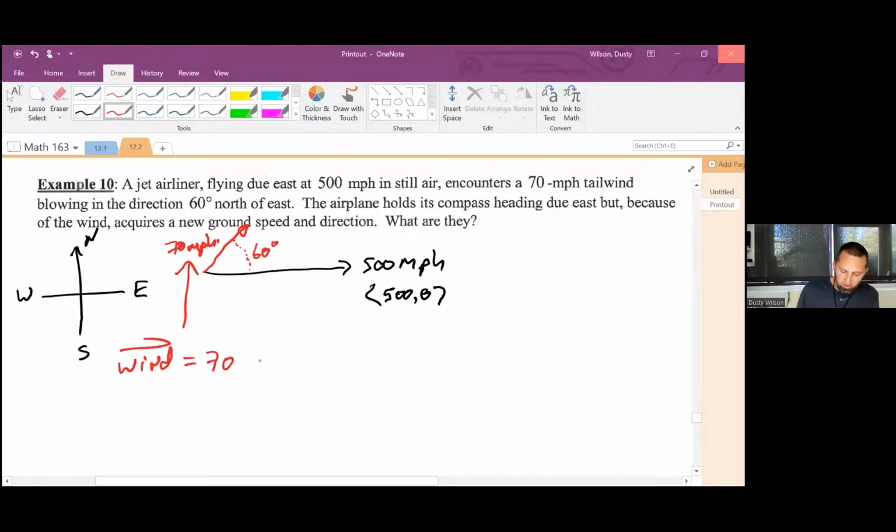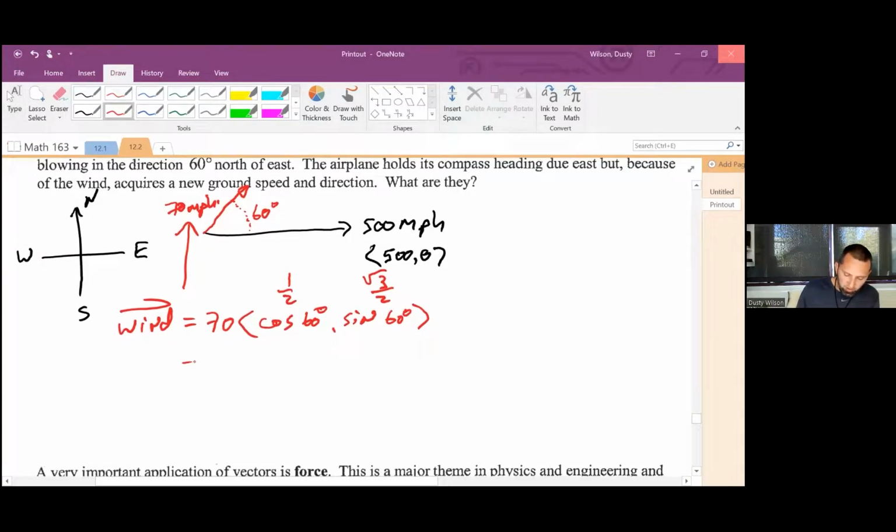That's going to be the magnitude. Times the x is going to be the cosine of 60 degrees. And the y is going to be the sine of 60 degrees. Or cosine of 60 is a half. Sine of 60 is √3/2. So all told, we know that our wind vector is going to be 35, and it looks like 35√3.